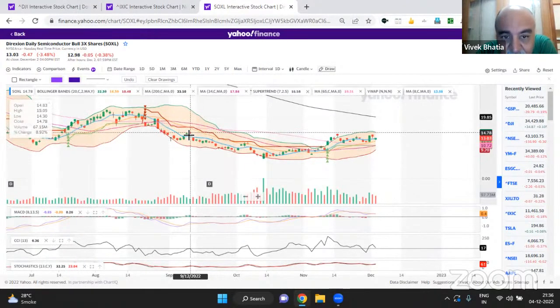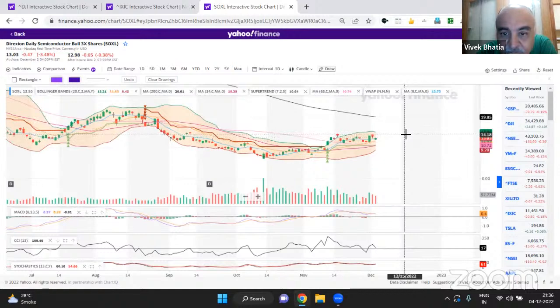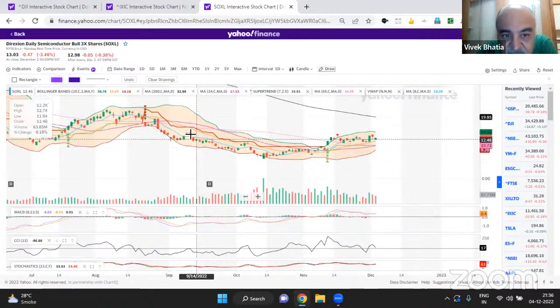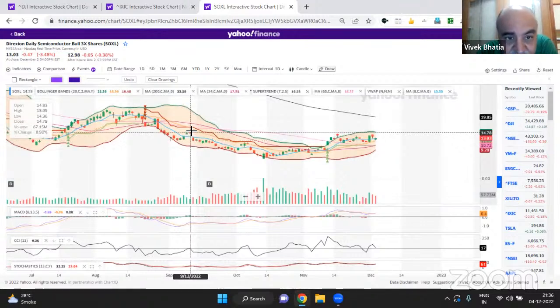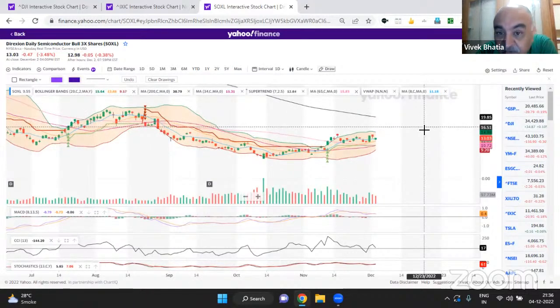This gap has almost been filled by this candle. So this gap is no more waiting to get filled in. So if not here, this is your level that you should be looking for a target of 1650.